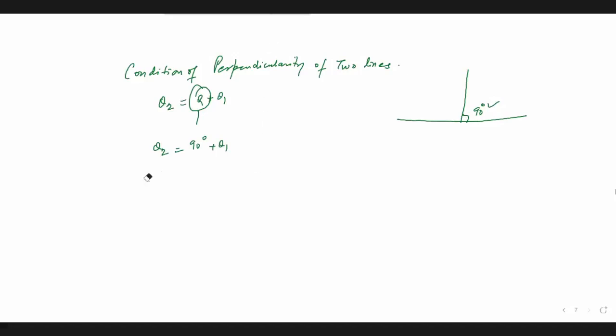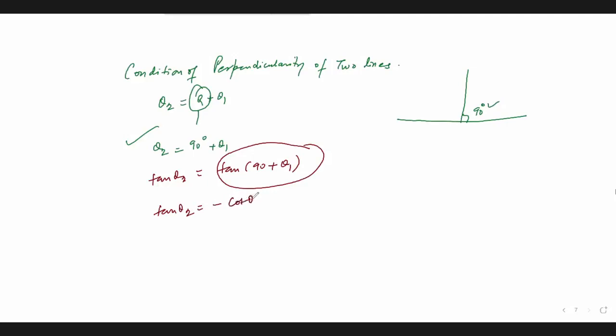Or you can do it in another way: if I take tan on both sides, what will happen? Tan theta 2 is equal to tan of (90 plus theta 1). And what is tan of (90 plus theta 1)? It is minus cot theta 1. And what is cot theta 1?